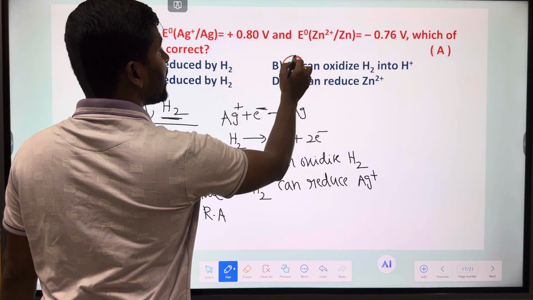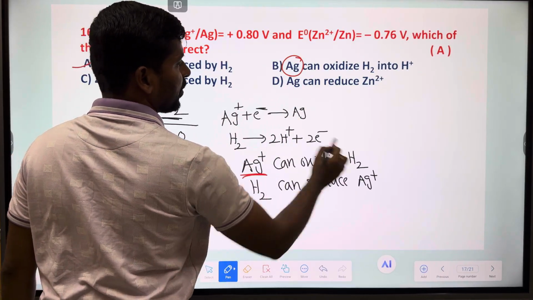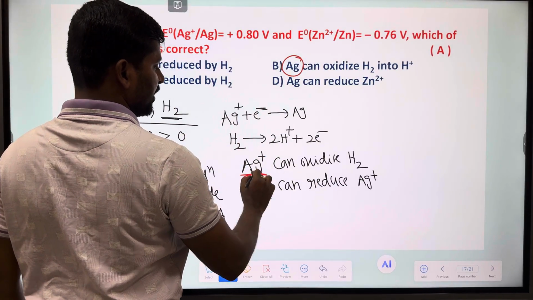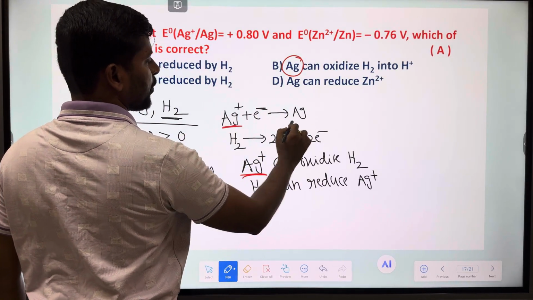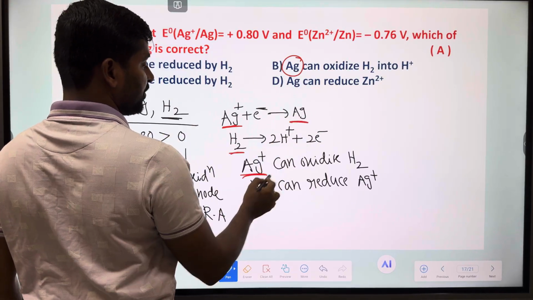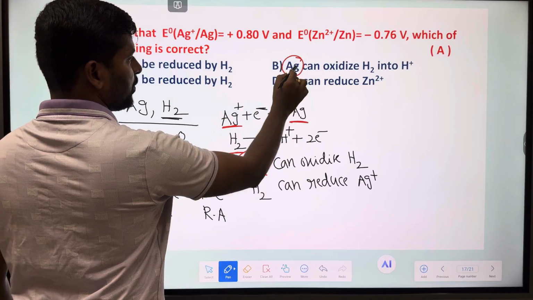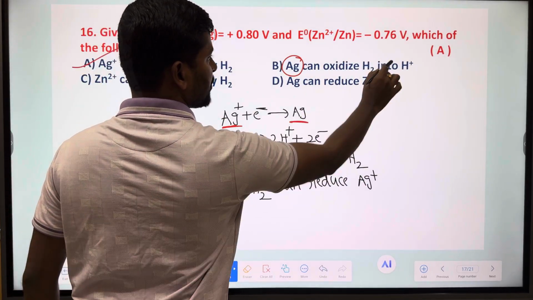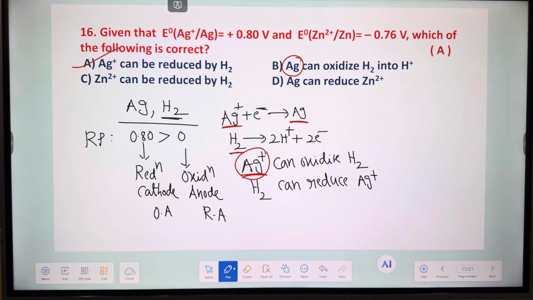Silver can oxidize, or Ag+ can oxidize H2. Ag+ itself participates in the reduction and hydrogen undergoes oxidation. So that is wrong, a small mistake. Ag+ can oxidize H2 to H+, right.